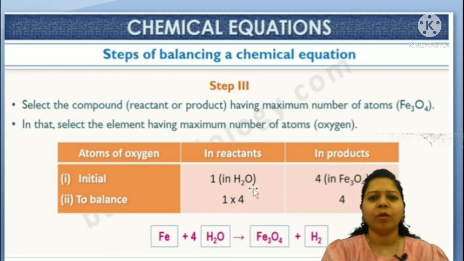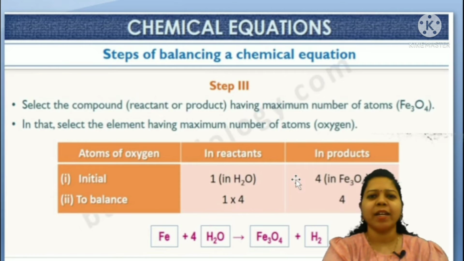First we need to find out the big compound, and from that we need to find out whose number of atoms are more. Now in this reaction Fe3O4 is bigger compound, and in that number of oxygens are more. That's why we are taking oxygen here.